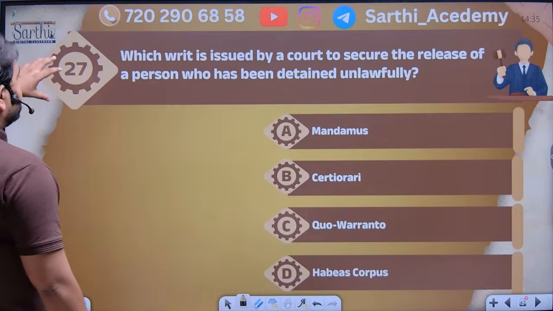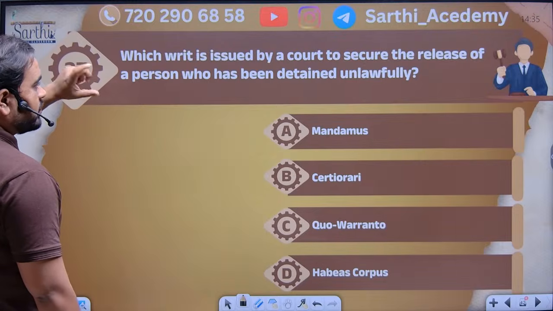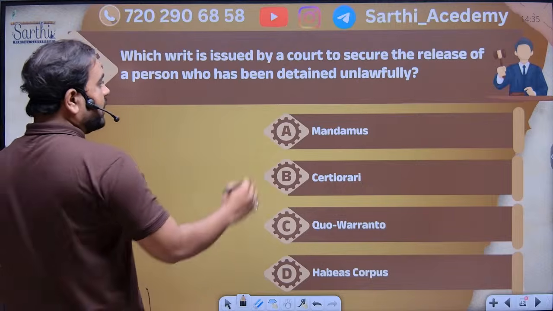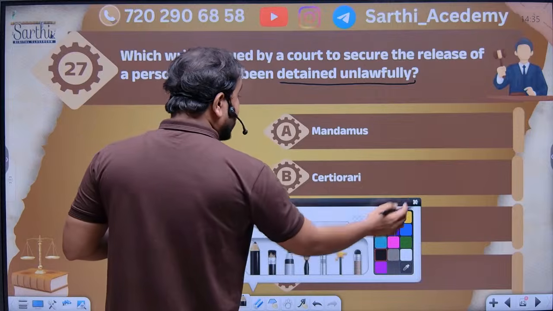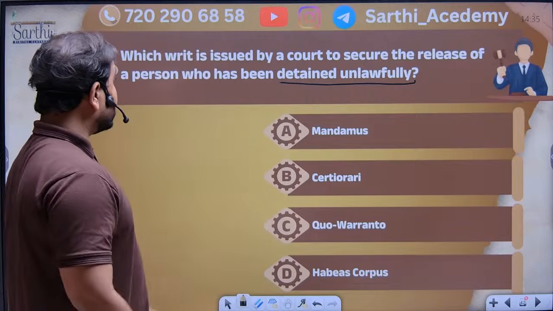Okay, question number 27. Which writ is issued by the court to secure the release of a person who has been detained unlawfully? Unlawfully, meaning not in accordance with the law. Please answer.